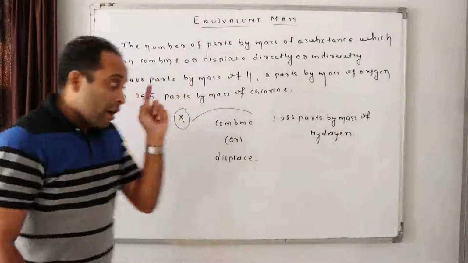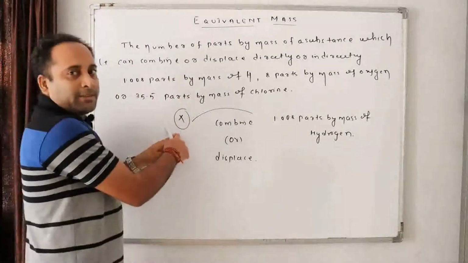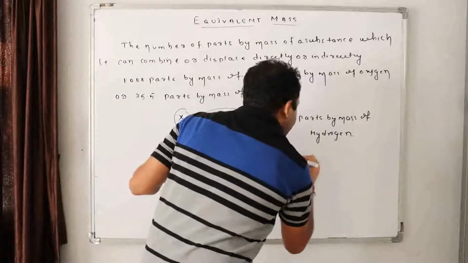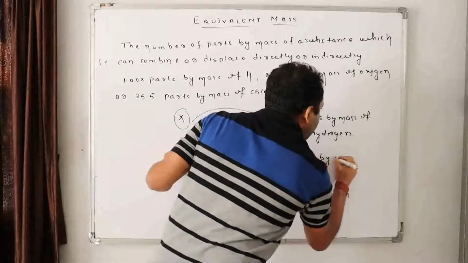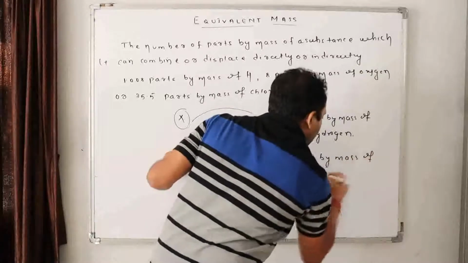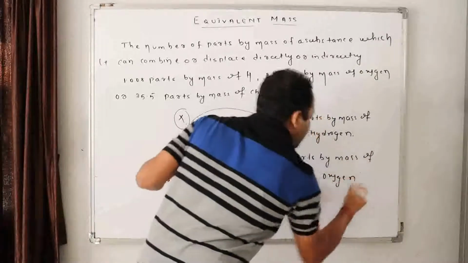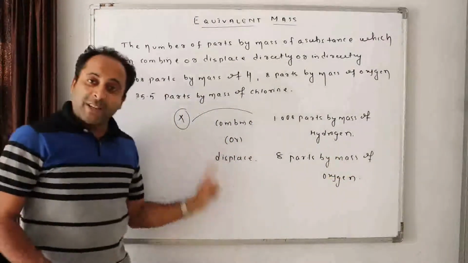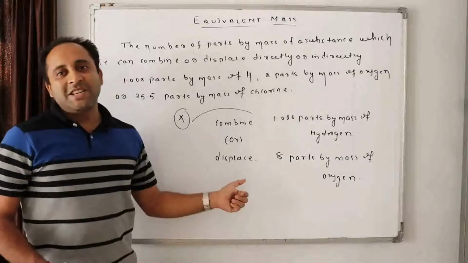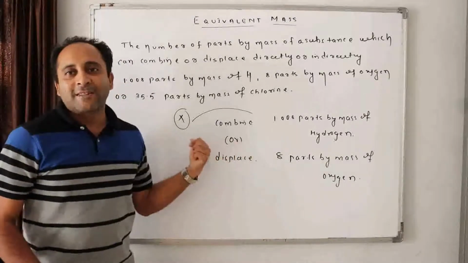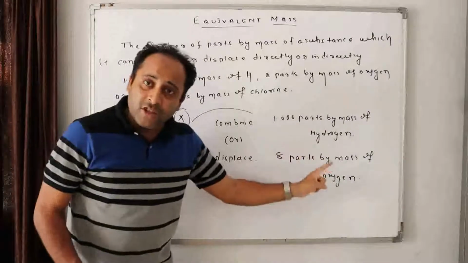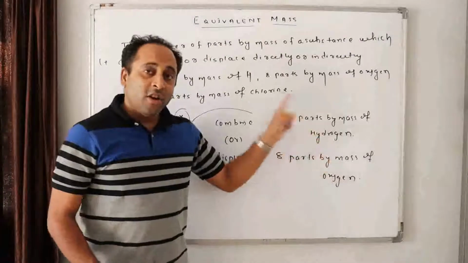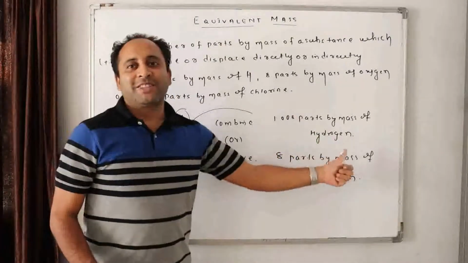Or else, if X parts of a substance combines with or displaces 8 parts by mass of oxygen, then we say it is the equivalent mass. What is the equivalent mass? X. Because X parts combines or displaces 1.008 parts by mass of hydrogen or 8 parts by mass of oxygen.